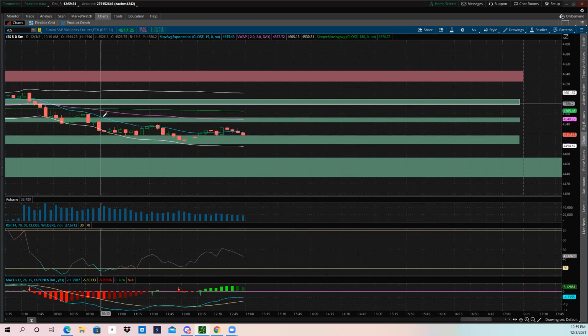And to hold the bearish trend, we need to use the EMA as resistance, and we need to use the VWAP as resistance, all right? And if both of those act as resistance, then the bearish trend will continue. If we cross above the VWAP, then our next resistance is going to be the 180 SMA. And if we get rejected at the 180 SMA, we could fall back down lower, okay?